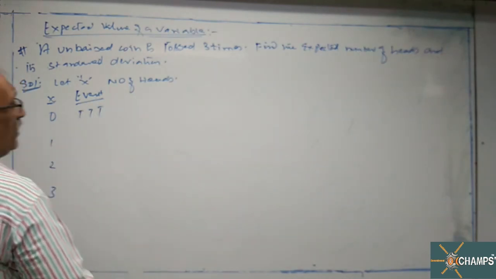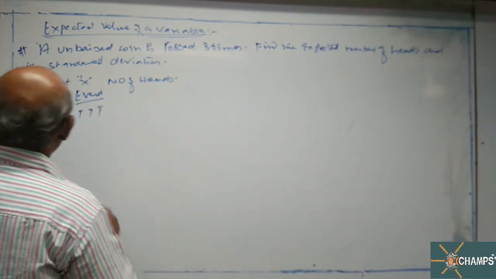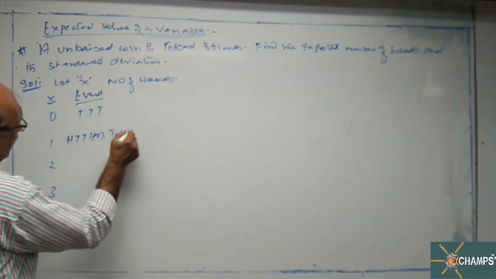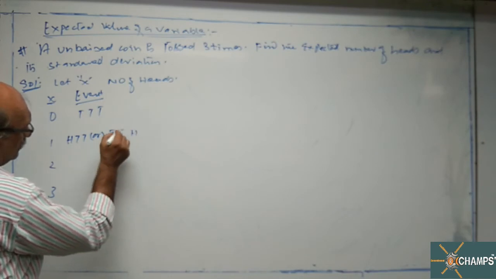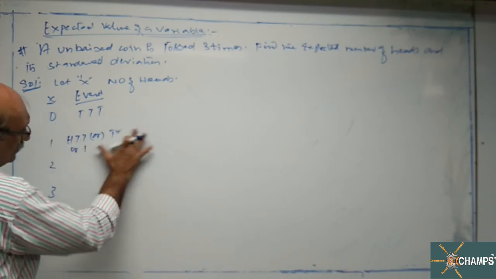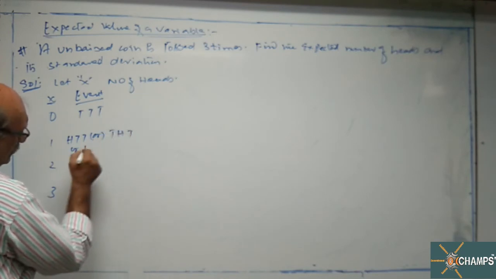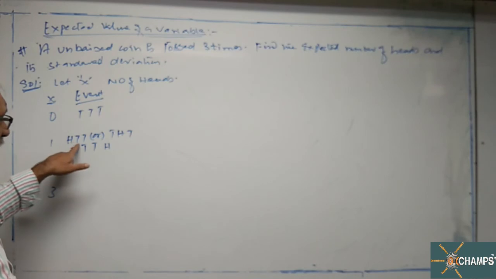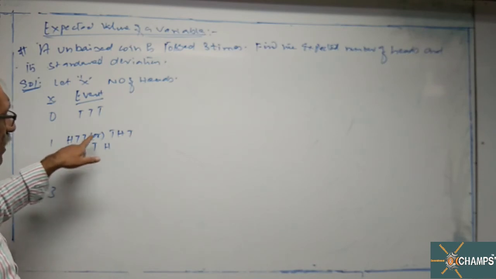X is equal to 1 means one time only head appeared: head tail tail, or tail head tail, or tail tail head. First time it is head, second time tail, third time tail.